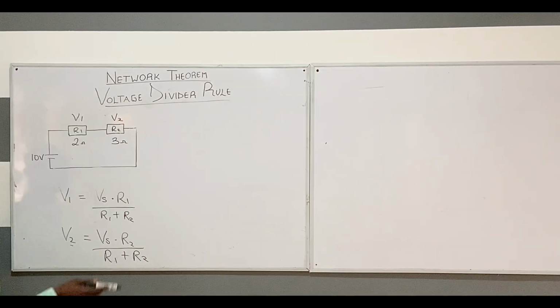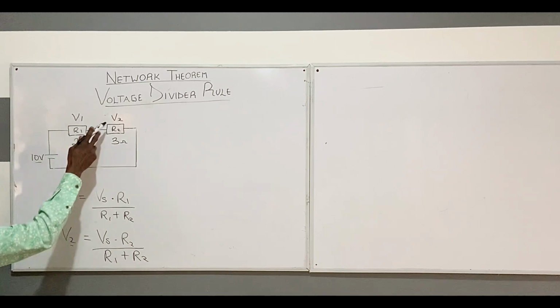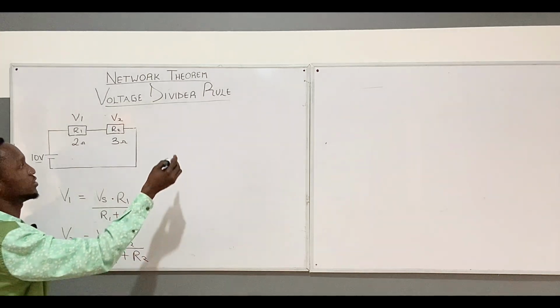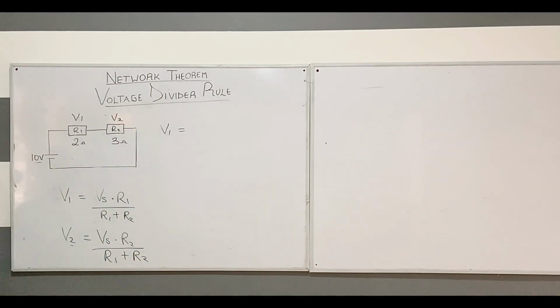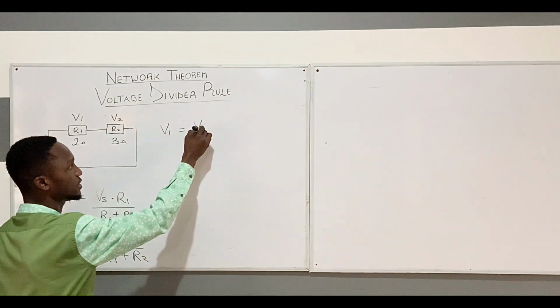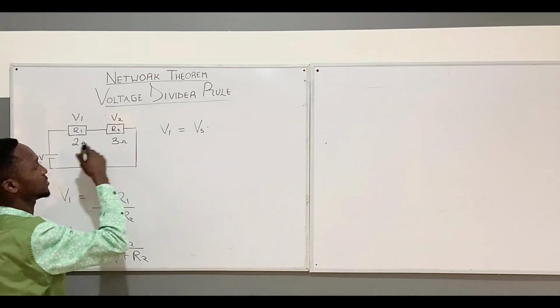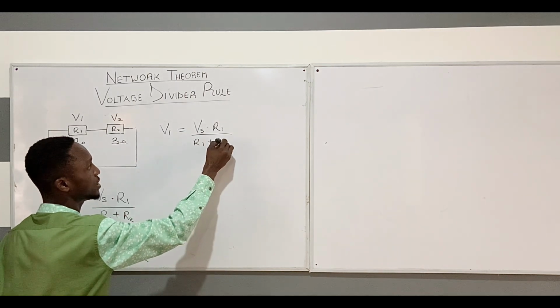So now let's put some values here and solve our first example. When you look at this diagram, I'm putting 2 ohms here and 3 ohms here. We have a source voltage or supply voltage of 10 volts, and they are asking us to find V1 and V2. To do that, we just apply these rules. First, let's find V1. V1 will be equal to the source voltage Vs multiplied by the same resistive value passing through R1, divided by R1 plus R2.